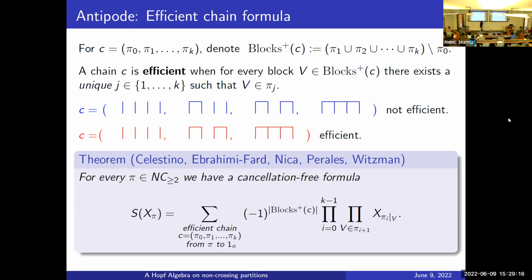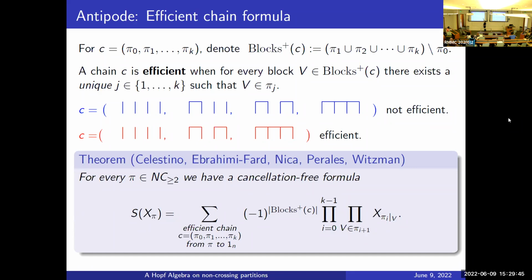It's not so easy to introduce what an efficient chain is, but I can just give you quickly an example. In the case above, the chain in blue and the chain in red are both chains of partitions. If you compute the monomials, this means take the restrictions of the partition, this red one restricted to this, and this restricted to this, and you take all the products.